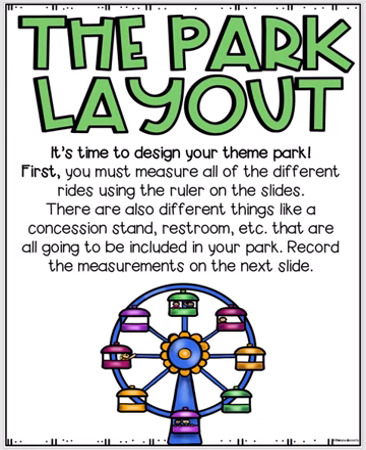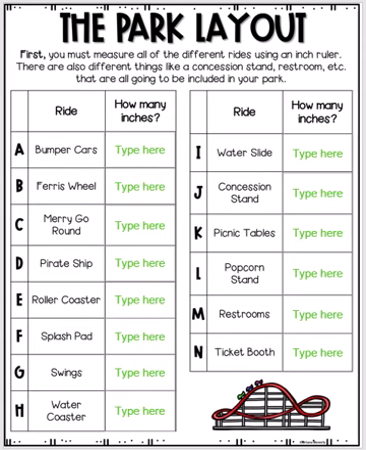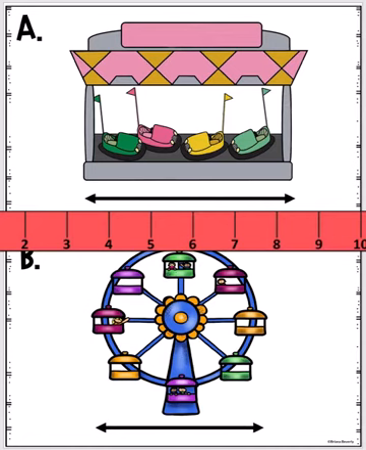There are also different things like a concession stand, restroom, etc. that are all going to be included in your park. Record the measurements on your paper. Once you do that, write in the inches of your different theme park. So you can use your measurement here.